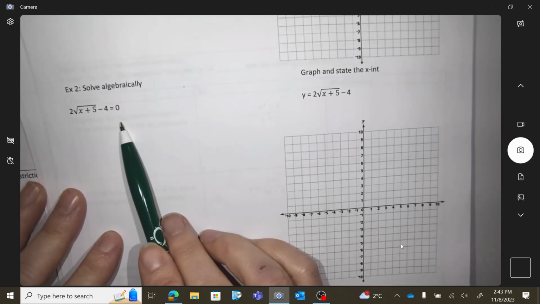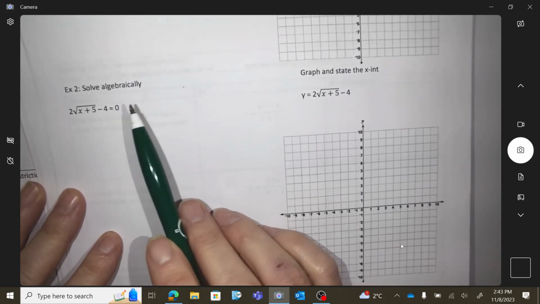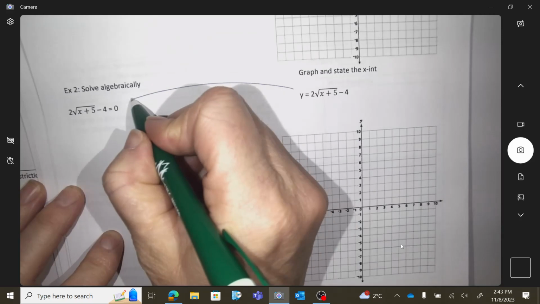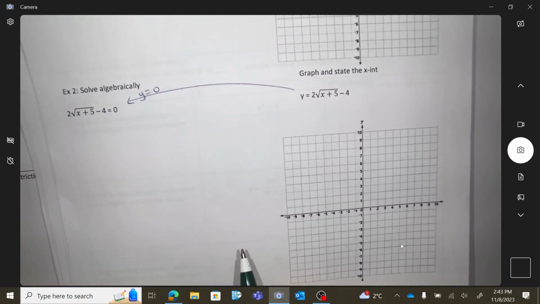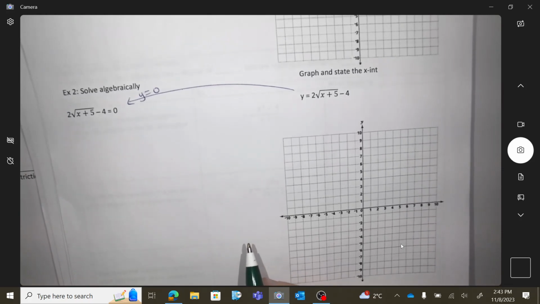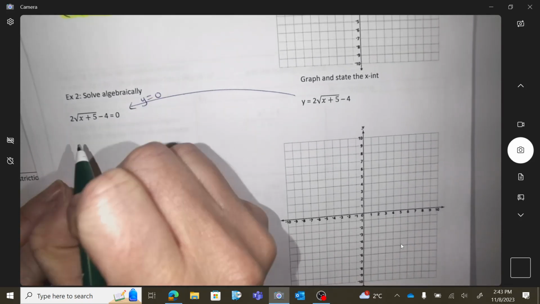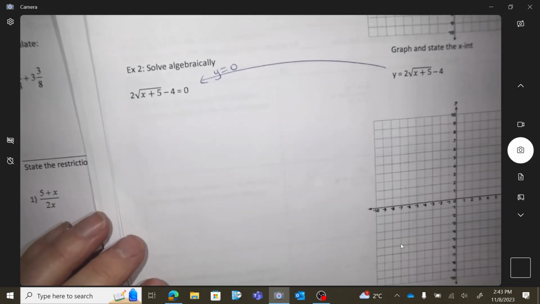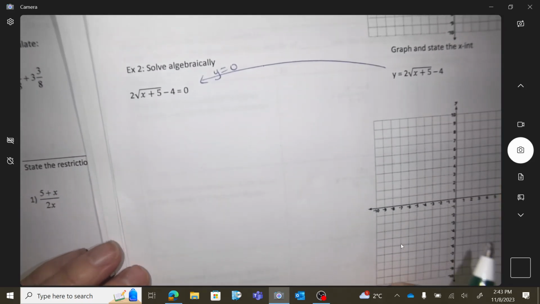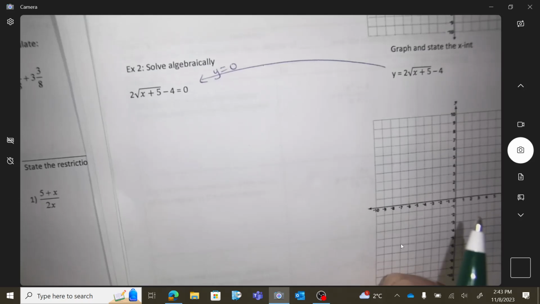Okay, so you can see on this equation, I made the y equal 0. Okay, so now we have to isolate. So what do you want to do first? What kind of math? What do you want to do?